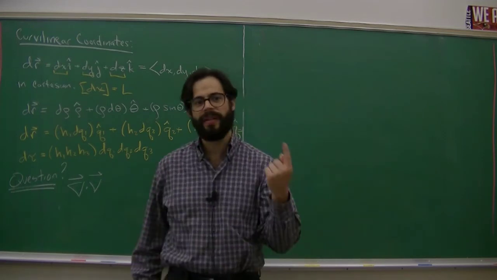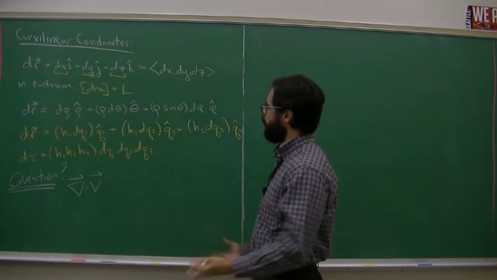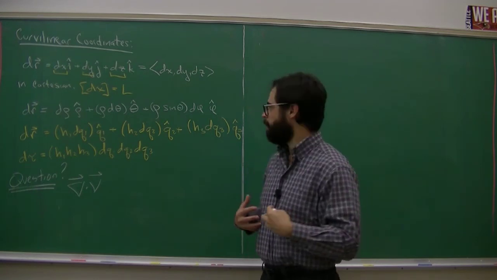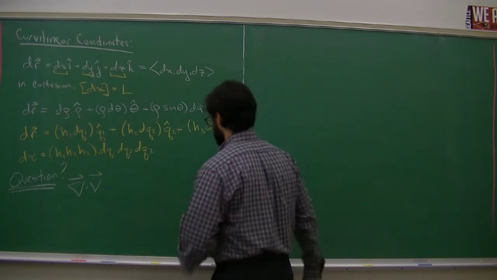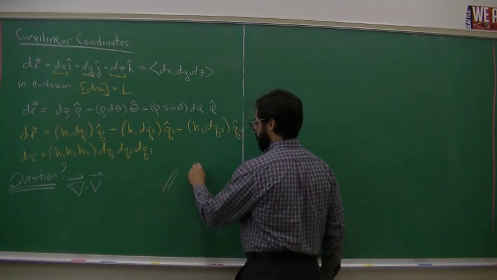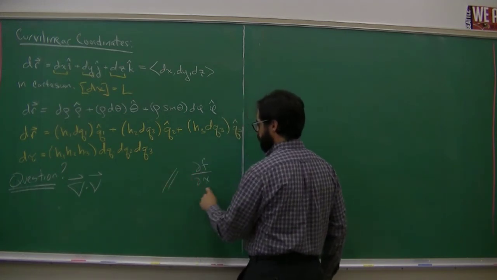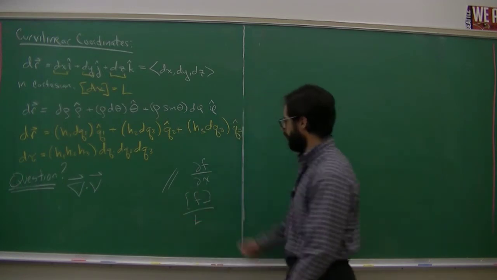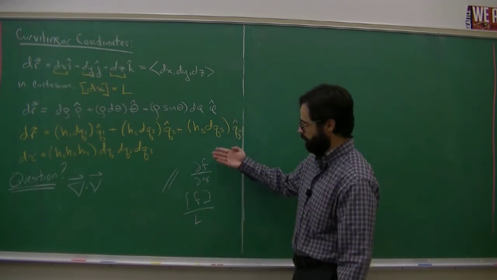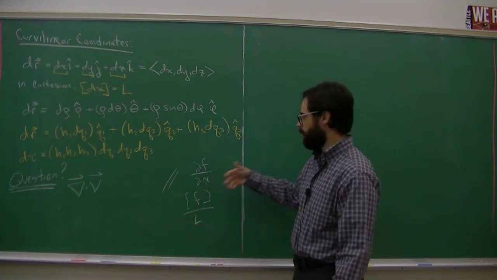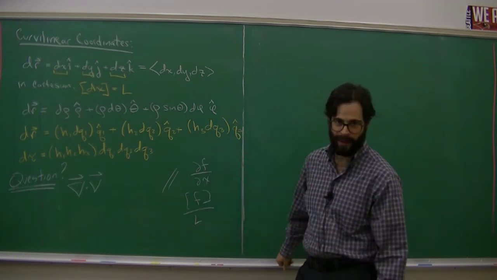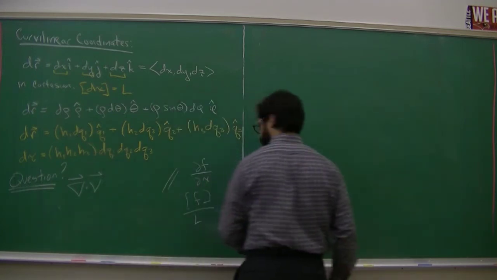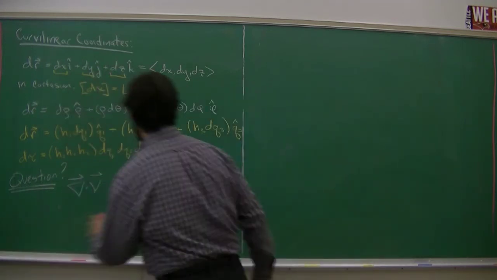And what I know is that every time I take a derivative, I reduce the power of each of the component functions by one factor of length, which is to say, as a little sidebar, df dx has units of f divided by length, right? So every time I take a derivative, I go from, for instance, x cubed to x squared, x to the minus 1 power to x to the minus 2 power. So I know that I would maybe have to put a scale factor downstairs. And naively, I might write this.